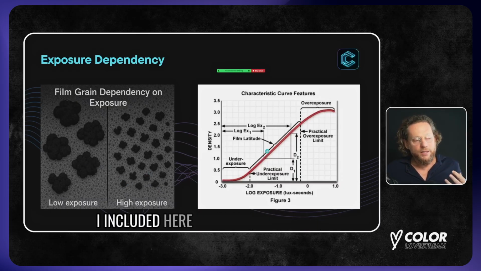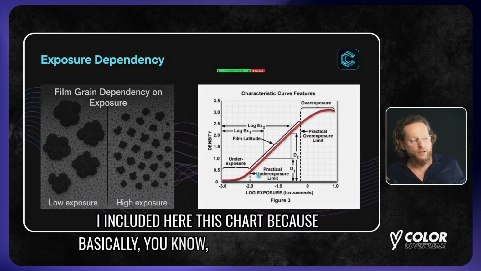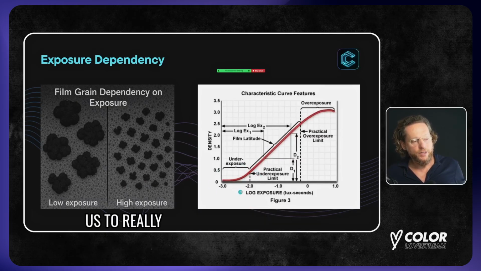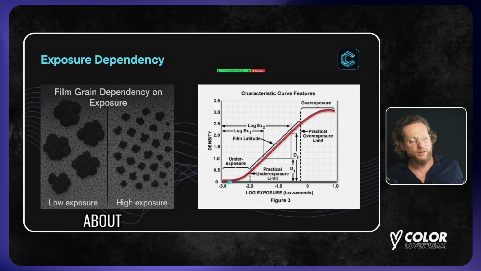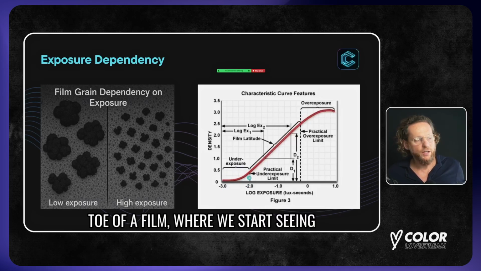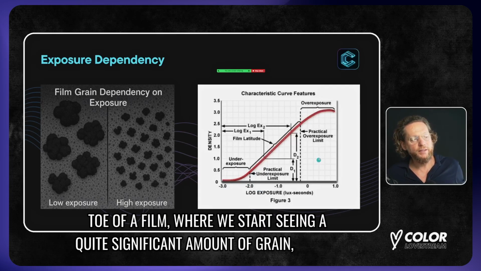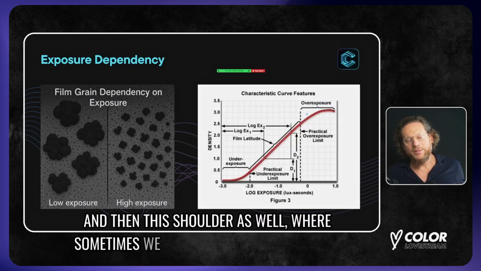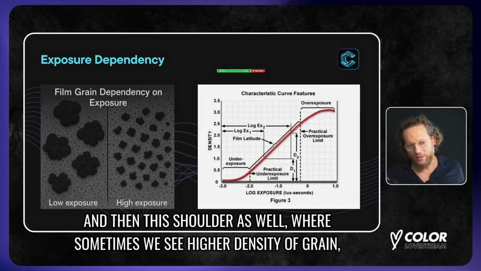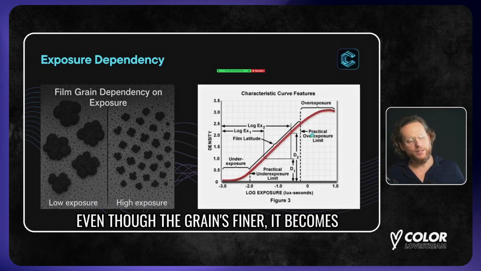I included this chart because for us to really understand what we're talking about here, it's basically the toe of a film, where we start seeing quite a significant amount of grain, right? And then this shoulder as well, where sometimes we see higher density of grain, even though the grain's finer, it becomes a little more dense.